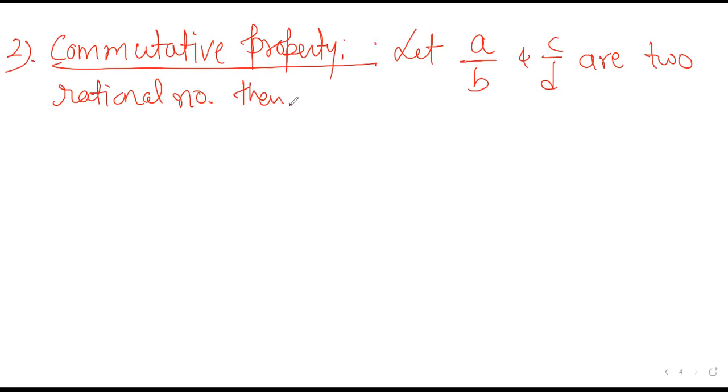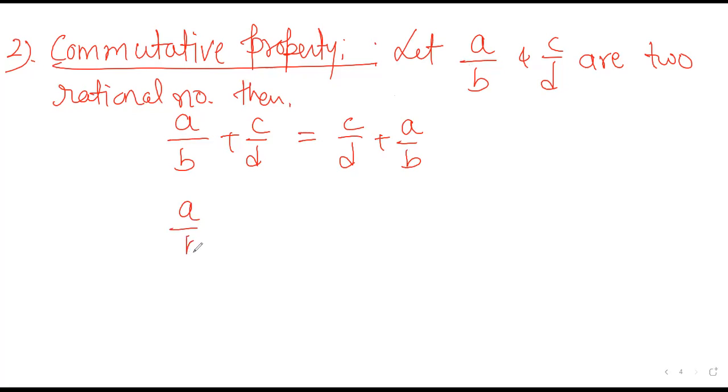Then if you add them both and change their order of addition, c upon d plus a upon b, the LHS and RHS will be the same in both cases.